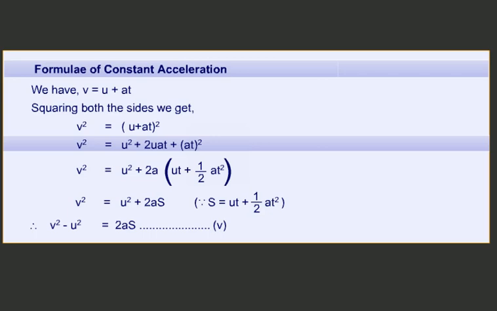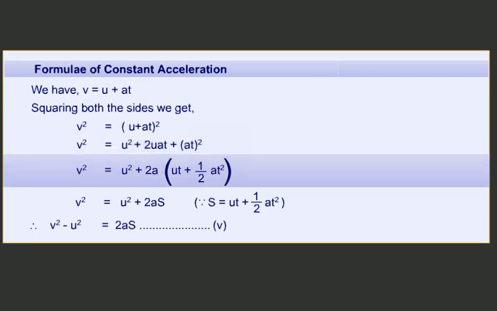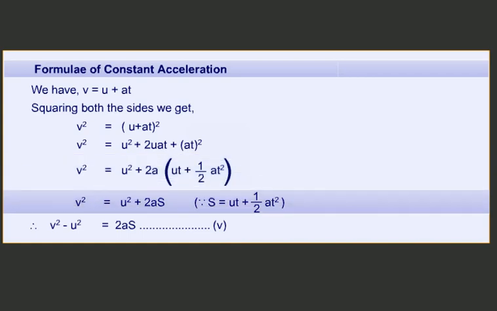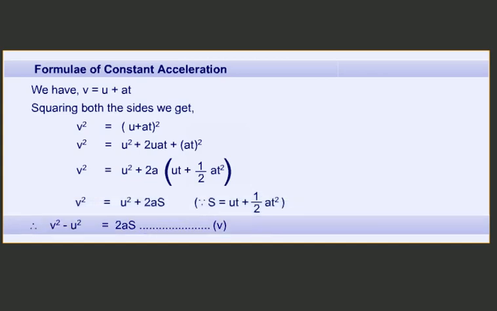We can write this as v square equals u square, and taking 2a common from the two terms, plus 2a in brackets ut plus 1 by 2 at square, or v square is equal to u square plus 2as, since s is equal to ut plus 1 by 2 at square as in equation 4. Therefore, v square minus u square is equal to 2as.